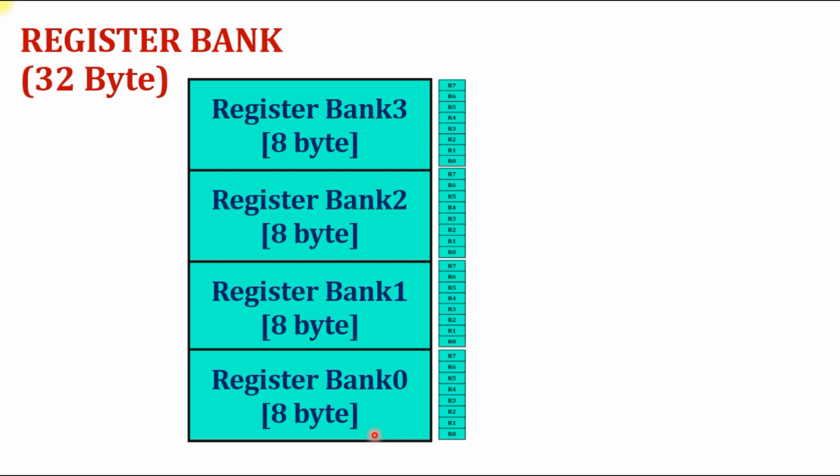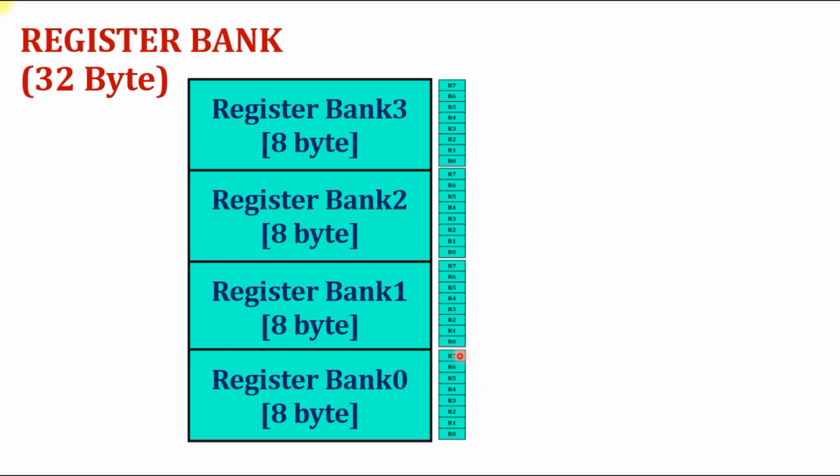R0 to R7 is a single representation. If bank 0 is selected and you write R0, it means this R0. In your program, if you write R0, R1, R2, by default bank 0 is selected, so the microcontroller will consider this R0 to R7.